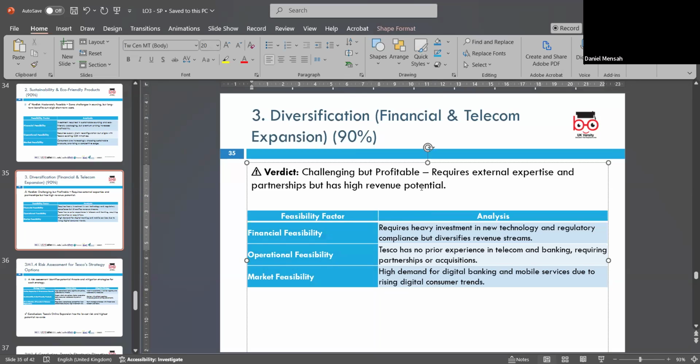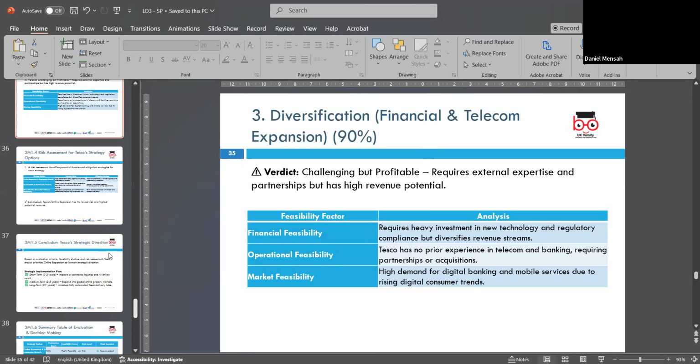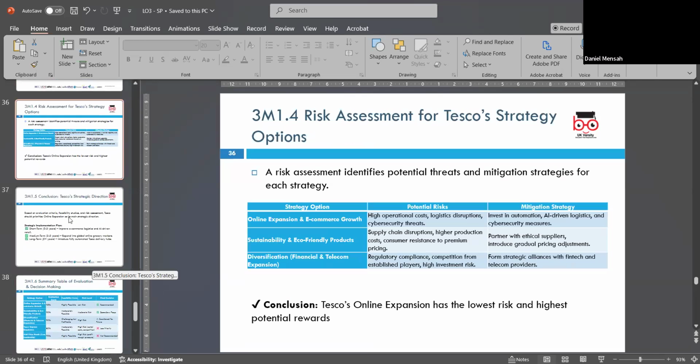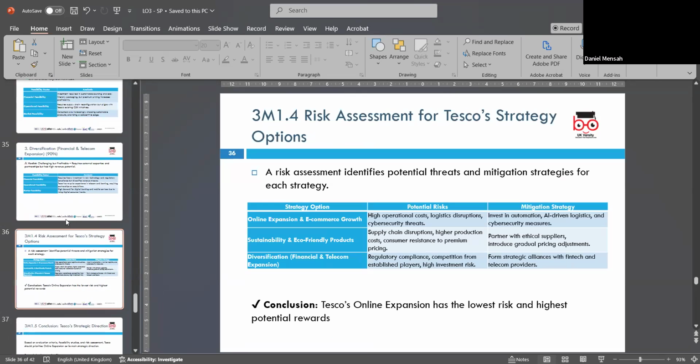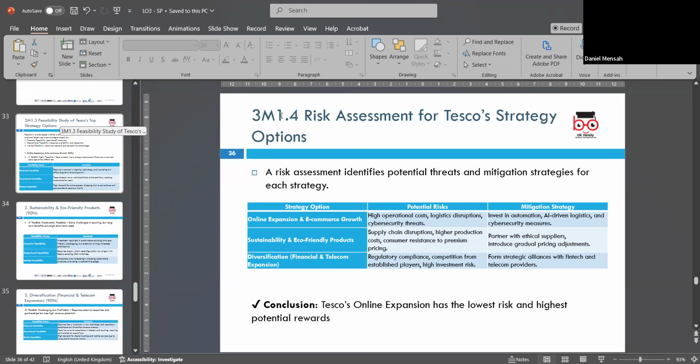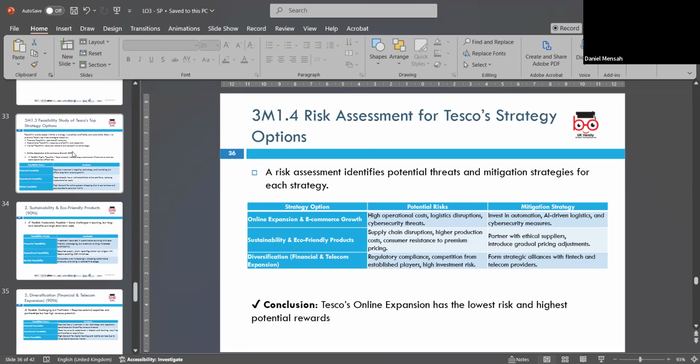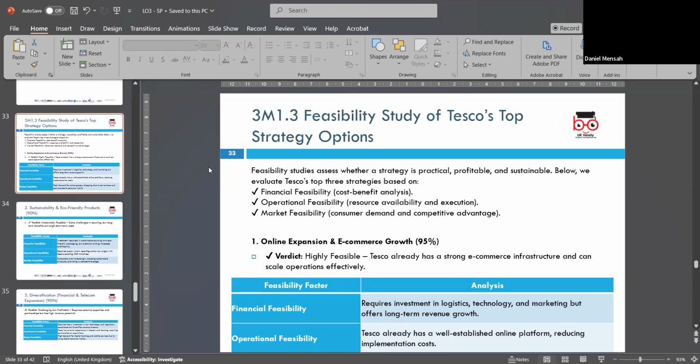So maybe in future we can consider this one. Based on that, we can conclude which one is the best, which one is the second best, and which one is the highest best.